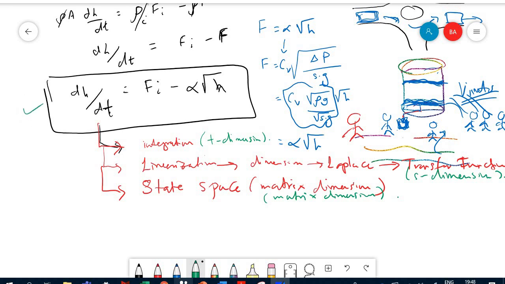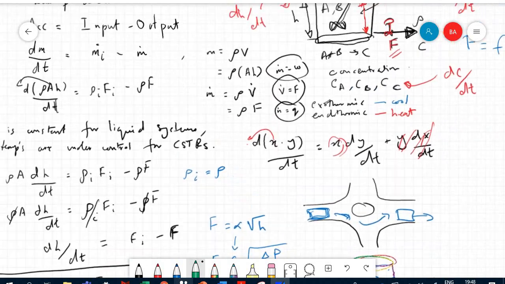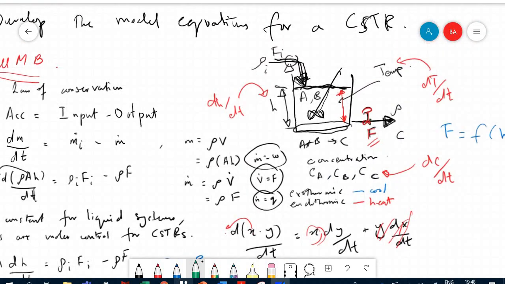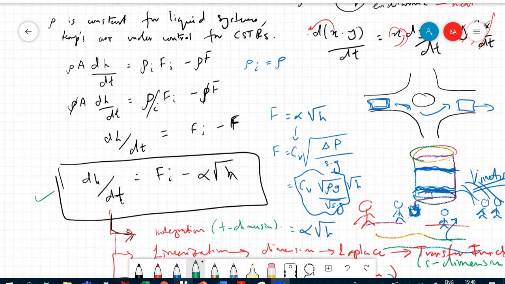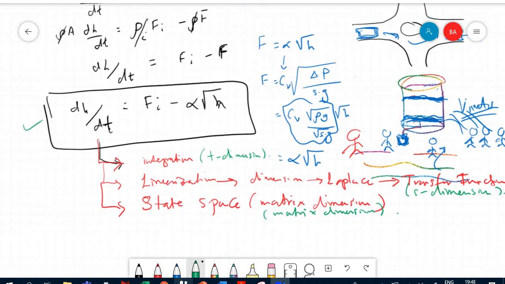After achieving our goal for dH by dt, if you just can recall, we wanted to find dH by dt, we also wanted to find dC by dt, and we wanted to find dT by dt. So these are three different terms we want to find for the CSTR reactor. We already found how height changes with time. So we need to work on the rest.